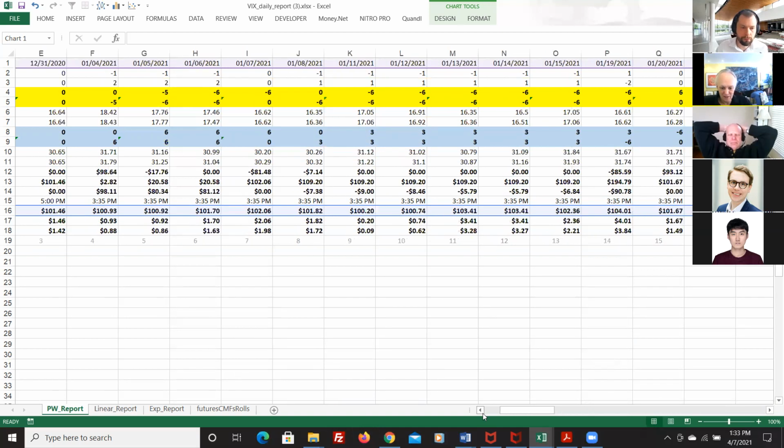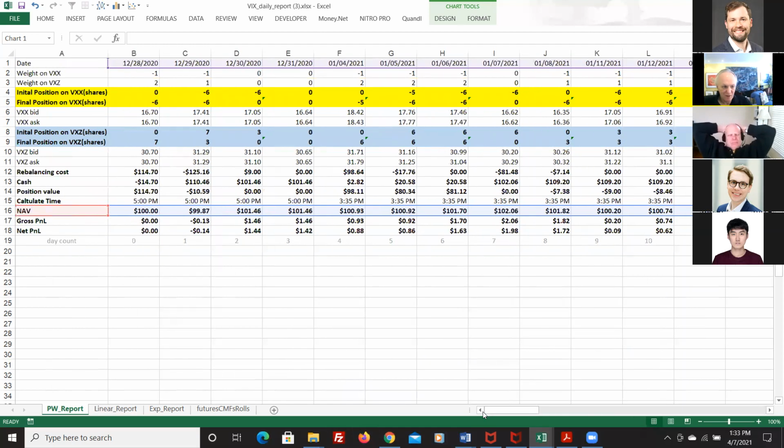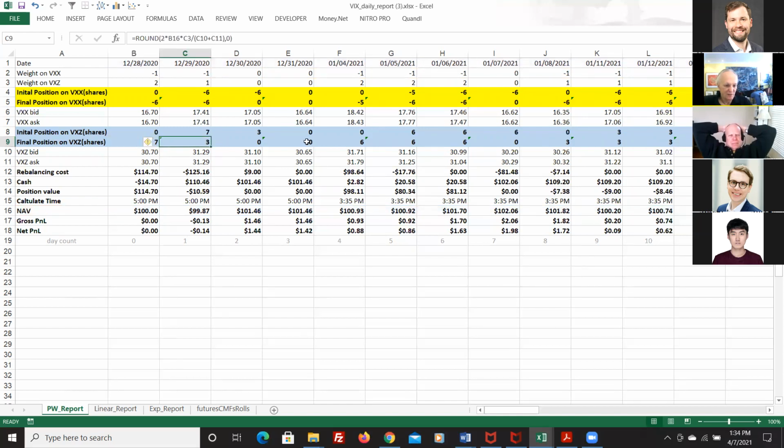So if I go way back, initial position VXX 0 and final position on VXX. I start at 0 and then I end up selling 6. Then here I sell 6 here. So it's all VXX, right? There's a lot of minuses, but then there's a position on VXZ, which is the 5 months, and this one is long, Tobias, right?